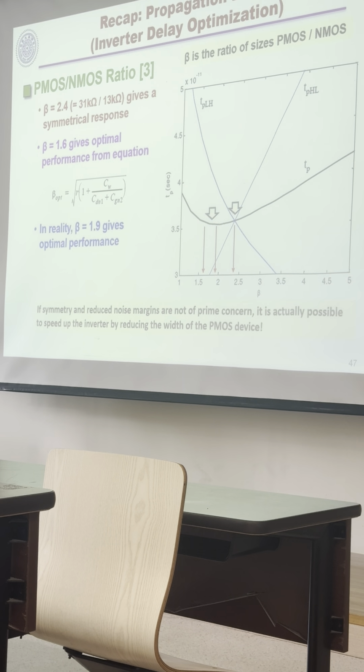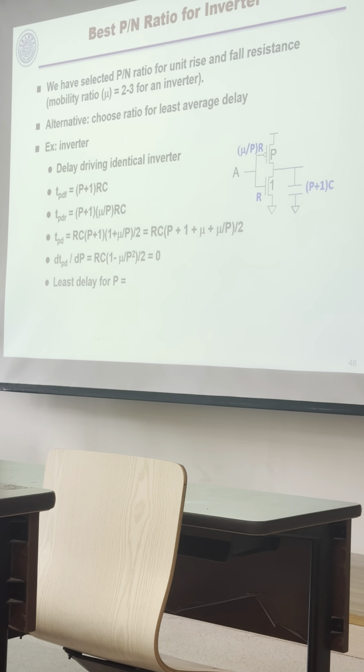This one, how to get the best ratio. As I said, sometimes the mobility ratio is 2, sometimes it's 3. So it's changing. Make sure you learn how to calculate this P. This is some equation.